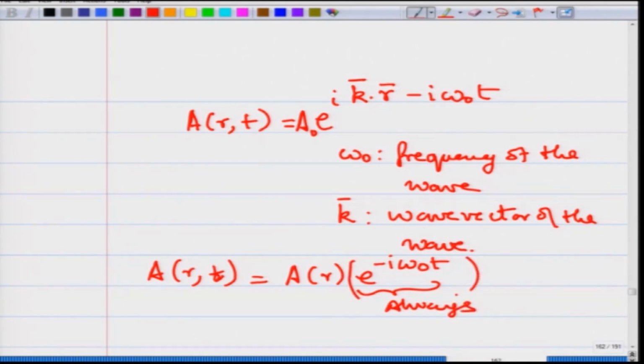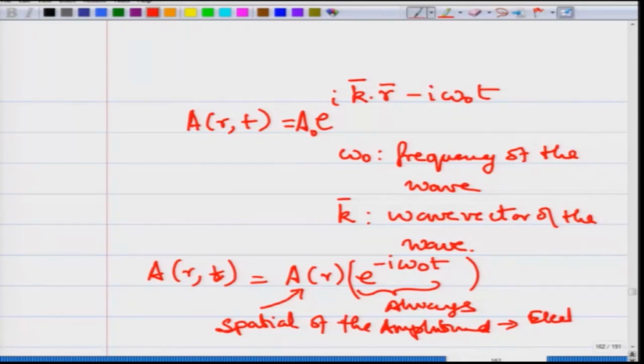Whenever I write the amplitude, the time dependent part is implicitly present. I will essentially be writing the spatial part of the amplitude, which is also the electric field vector of the electromagnetic wave, which in our case is the X-ray falling on the crystal.